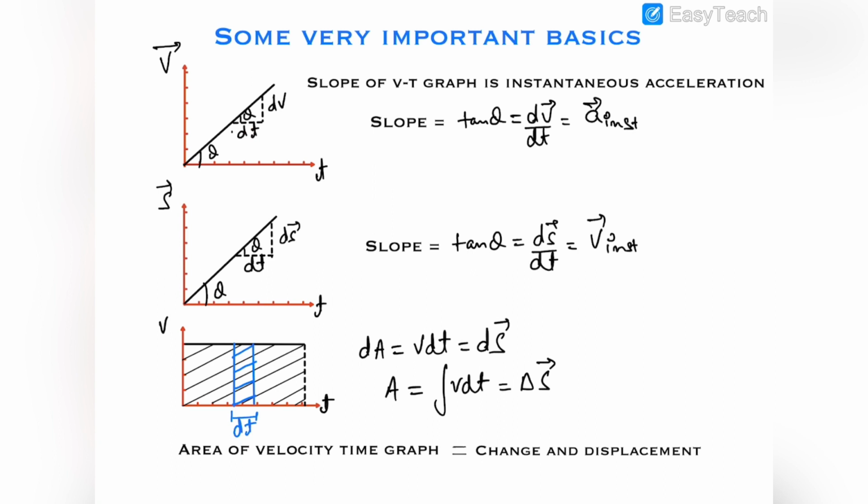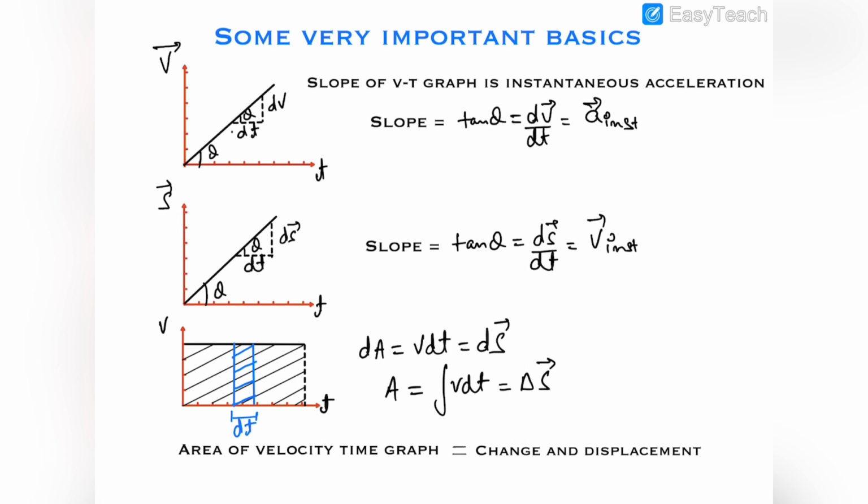Now we all know that dv by dt is acceleration, and in fact instantaneous acceleration. So I can say that the slope of velocity time graph is instantaneous acceleration. We have already discussed the equations which are based on time, and we have discussed that the differentiation of the velocity time equation is acceleration.